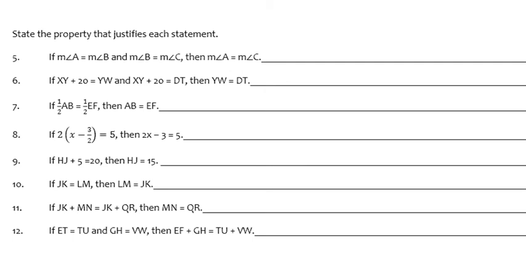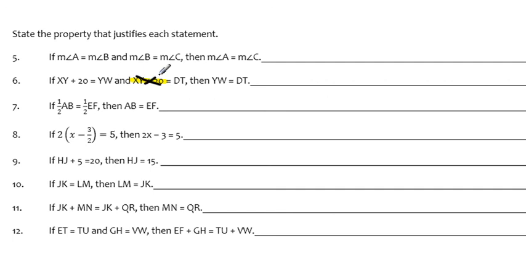Okay, number 6. I want to name the property that justifies each statement. This one's a little bit hard to see, but what's happening here is xy plus 20 equals yw, and xy plus 20 also equals dt. So I can replace this xy plus 20 here with what it says xy plus 20 equals, which is yw.